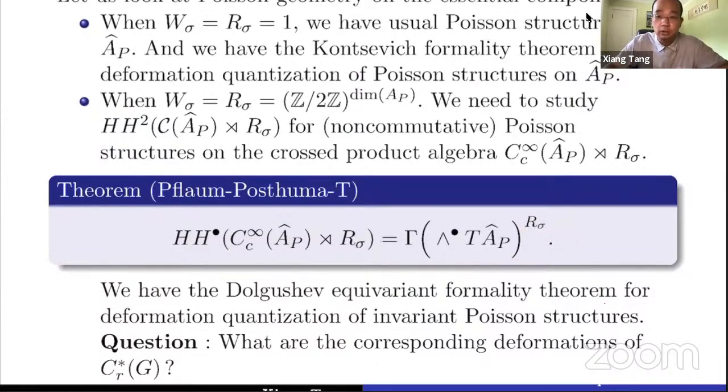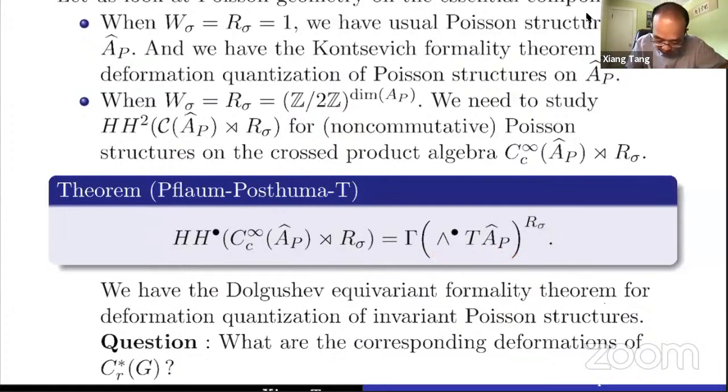In general, for such a cross product algebra, it's like an orbifold. We will have all this fixed point data contributing to this computation. But because of these hyperbolic reflections, the number of them exactly coincides with the dimension. There is no fixed point contribution. It's just the invariant vector fields on this space.